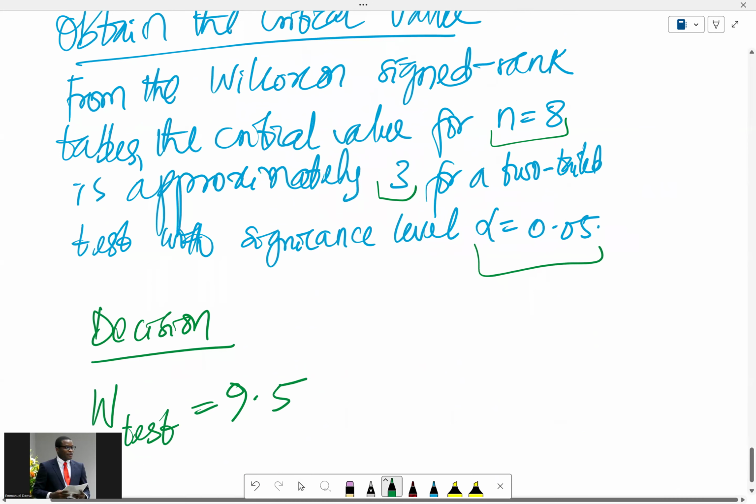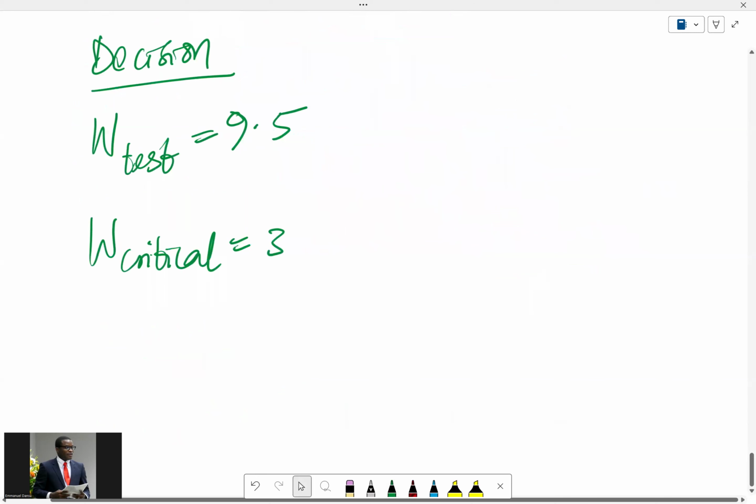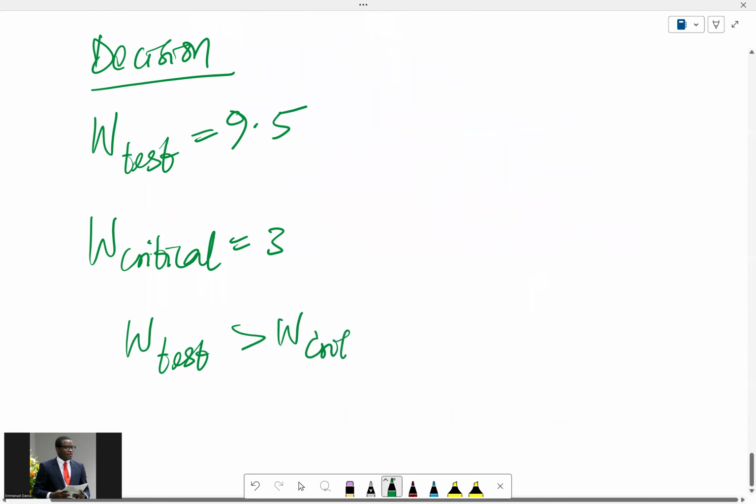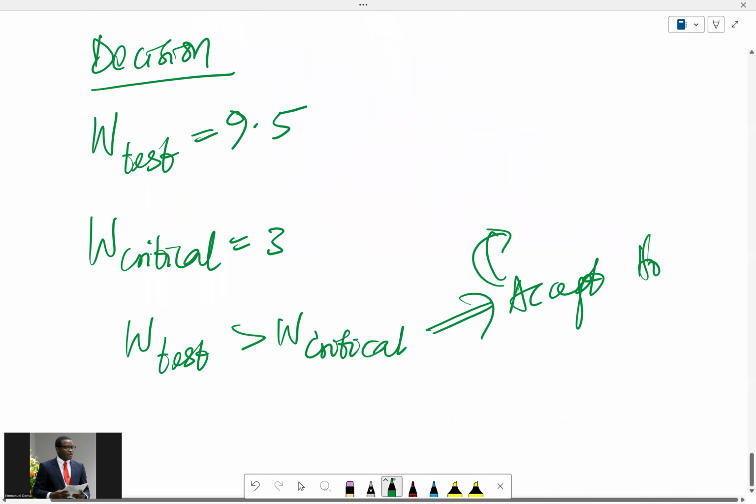So obviously W test is greater than W critical. Since it's greater, we fail to reject H naught.